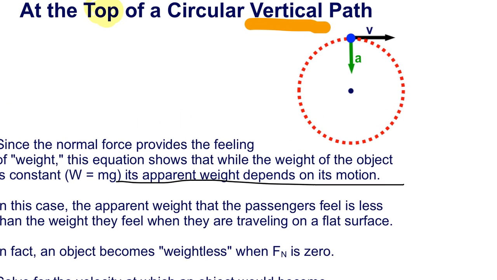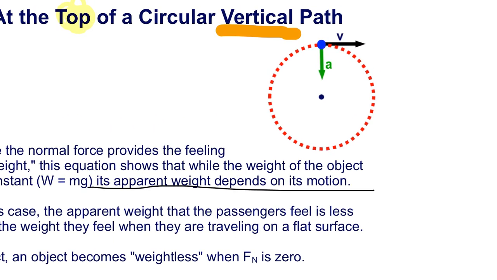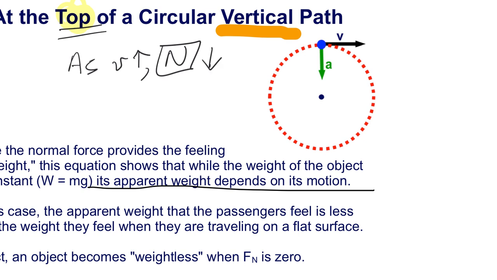Now, the faster you go over this hill, the smaller the normal force becomes. As V increases, at least on the top, we're talking about the top of a vertical circle, as V increases, the normal force decreases, because if you go too fast, you'll just fly off, because there is no normal force if you go too fast.